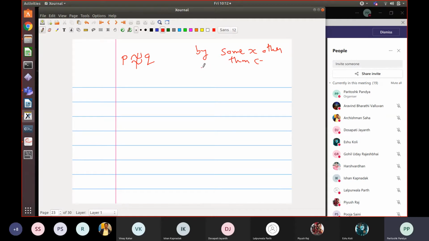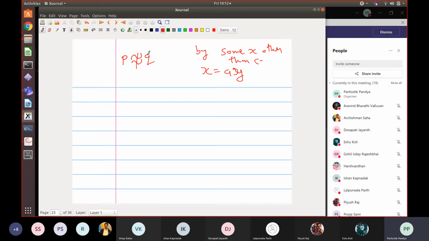So basically X is of the form AY, and there is such a string AY which separates these two. Suppose that is the case.